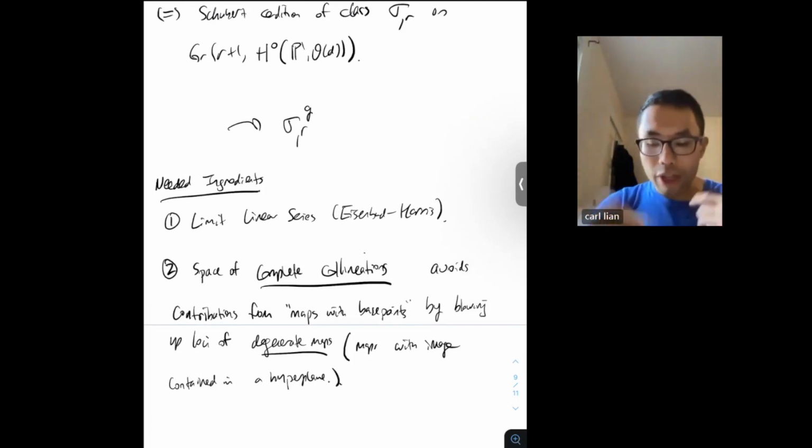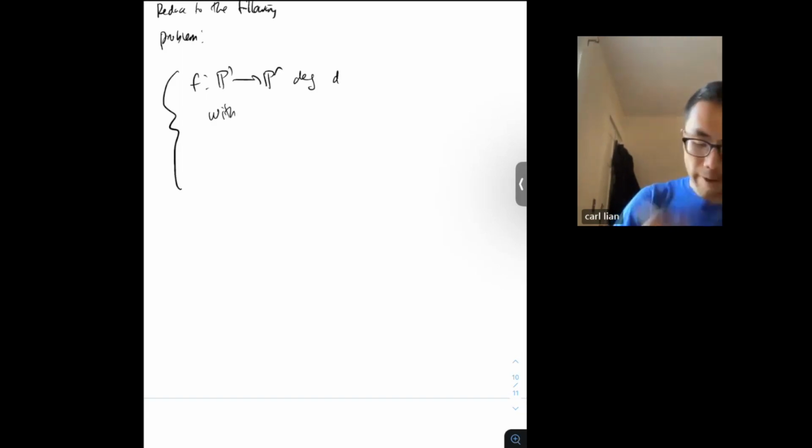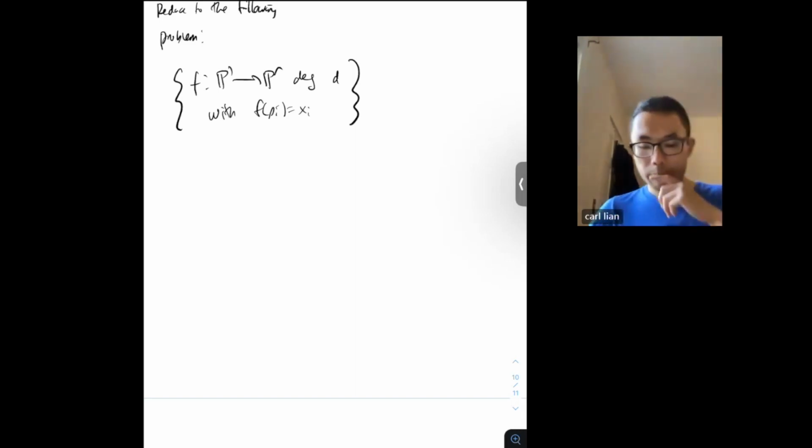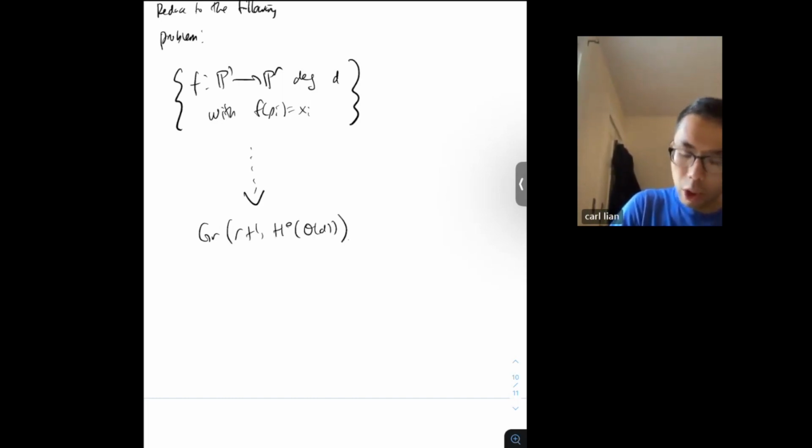Okay. So in the end, maybe I'll just state what you get at the end of this degeneration. So you're reduced to the following problem. I can think about the space of maps now out of a rational curve with f of pi equals xi. And this admits a rational map to the Grassmannian of R+1 planes in forms of degree d, right?